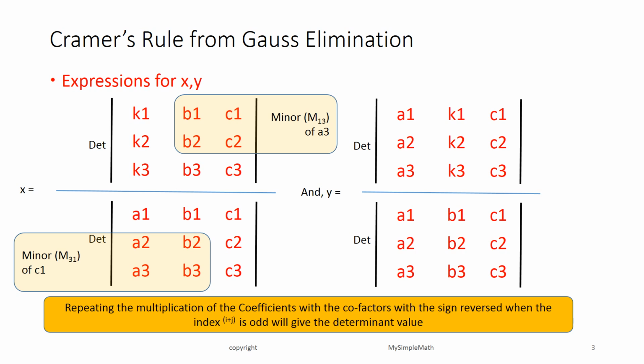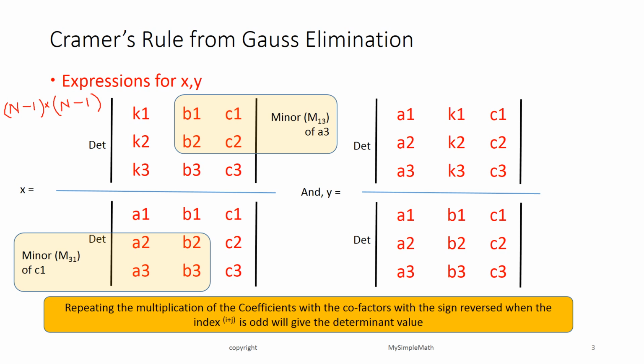Now, for a larger matrix, which is n cross n, the minor will be the matrix with n minus 1 times n minus 1. That would be the minor for one coefficient, where the row and the column for that coefficient are taken out.